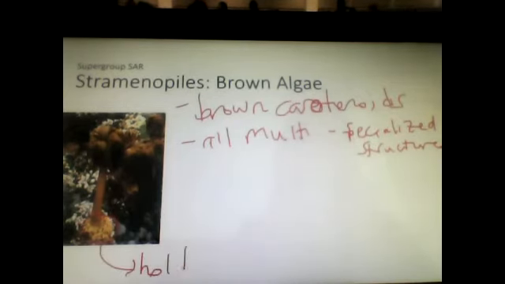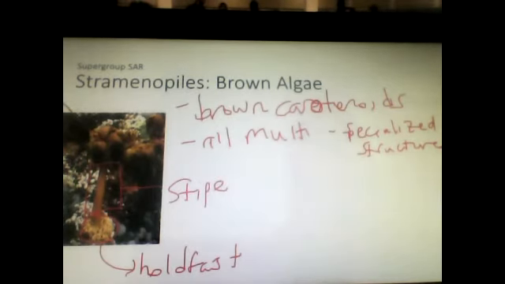This part of the brown algae is called the holdfast. Guess what it does? It holds it down. Then the stalk part is called the stipe. And then these leaf-like things are called blades.